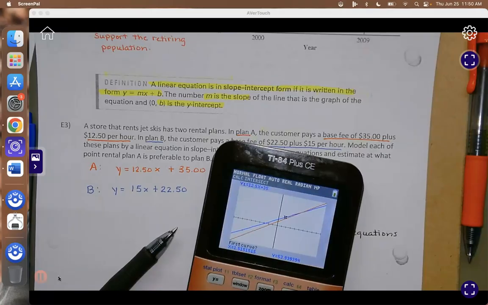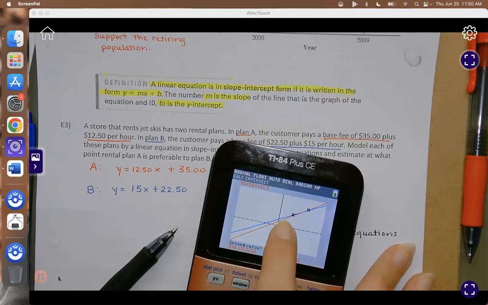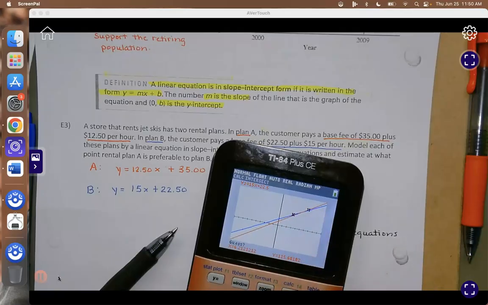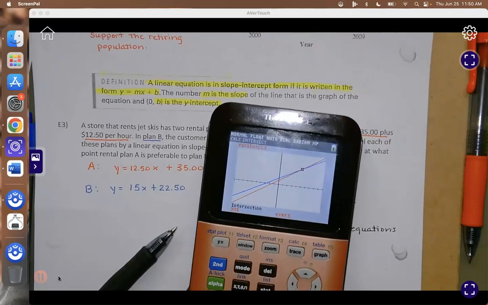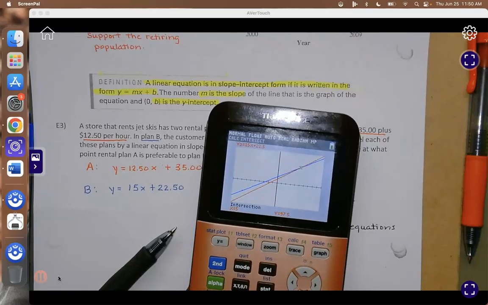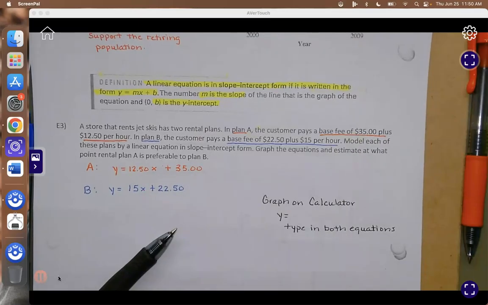And we need to try to get something below and then something above. So when you click something below that intersection, you hit enter, and then it's going to go second curve, so go above the intersection, hit enter. Then you're going to hit enter, and it's saying that it will intersect at 5 and 97.5.